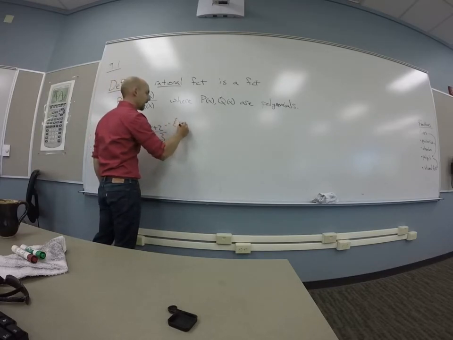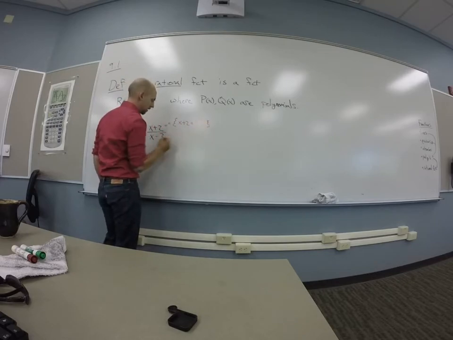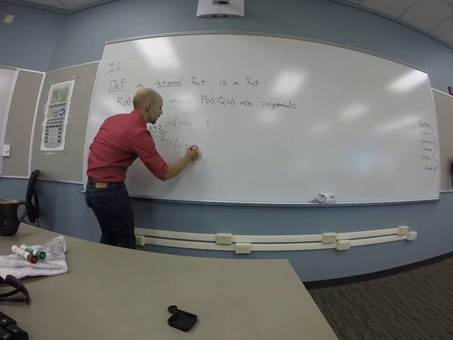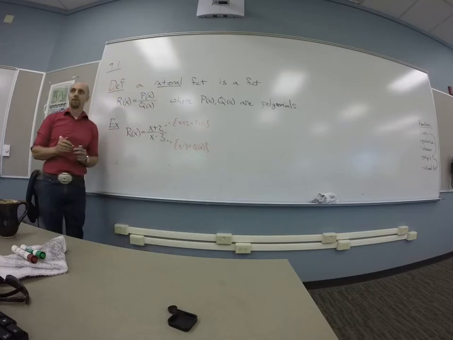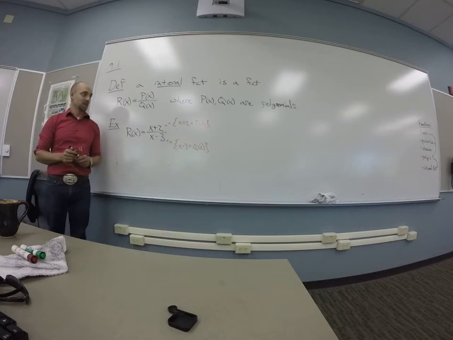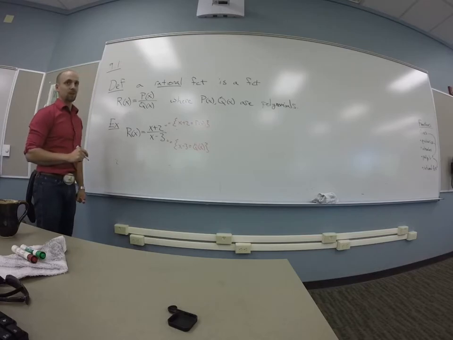So I'm thinking x plus 2 is p of x, and I'm thinking x minus 3 is q of x. You guys cool with that? Okay, neat. That's a complicated example. Well, ish. Let's make an easier example.